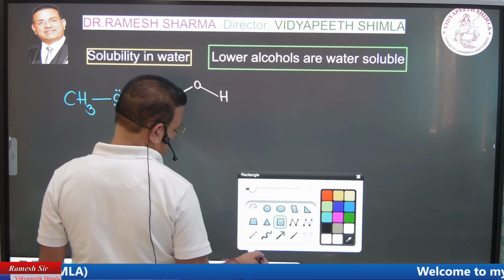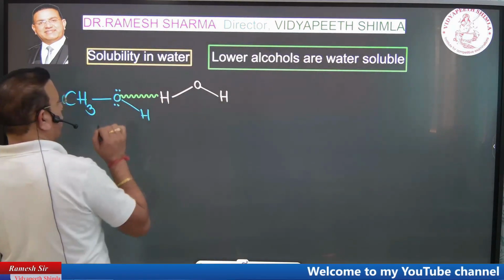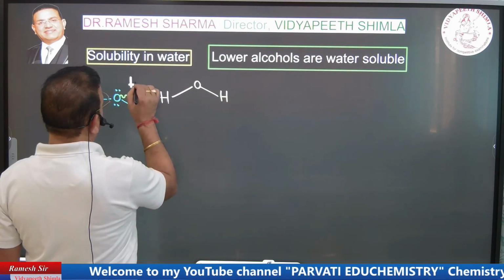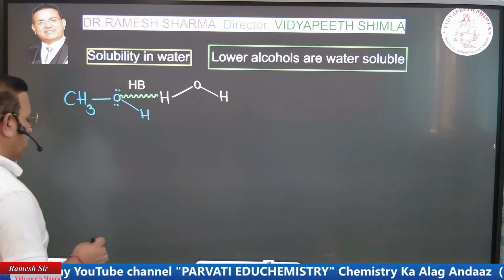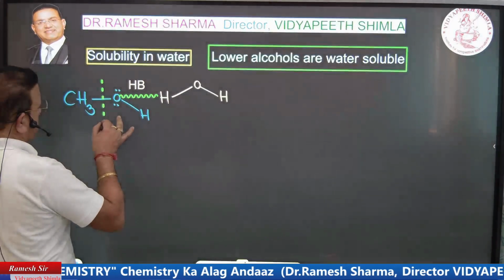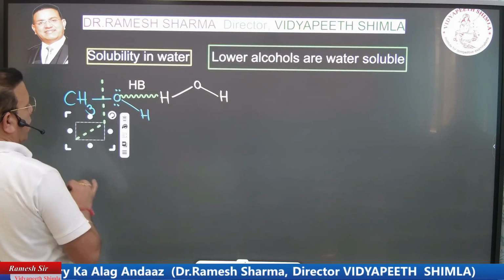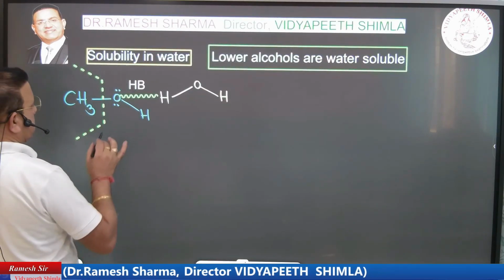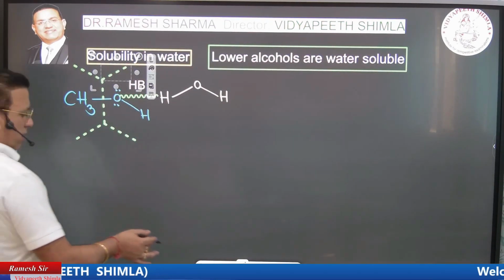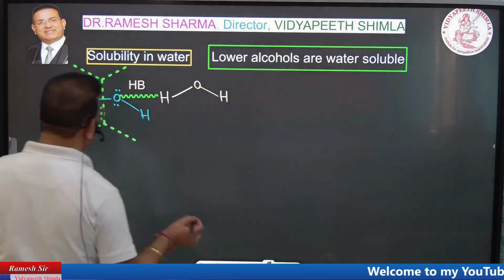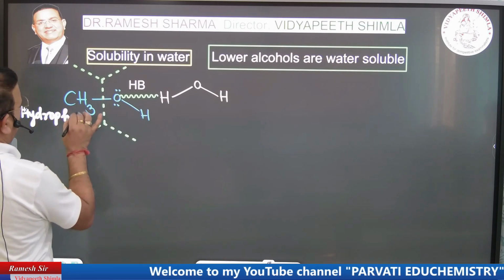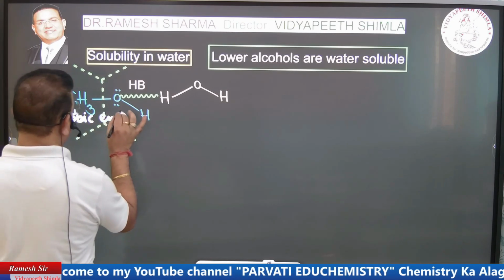the H of water and O of alcohol show hydrogen bonding. So due to this reason, this alcohol has two parts. One is this, another is this. This end is called the hydrophobic end.